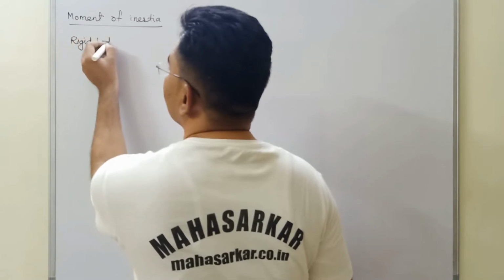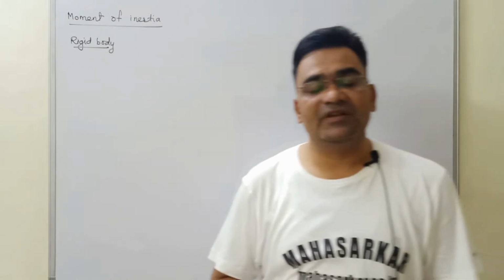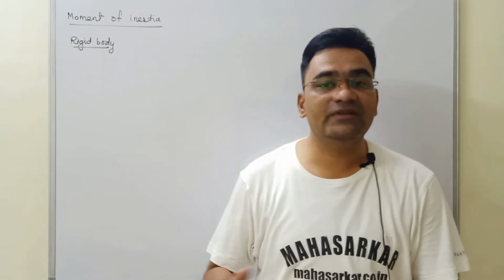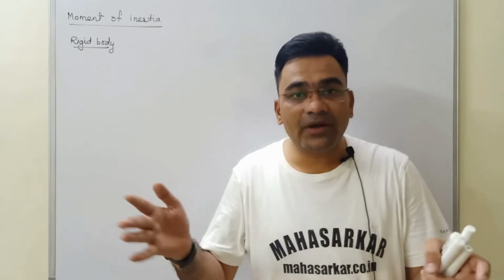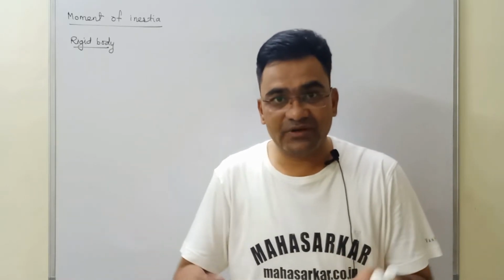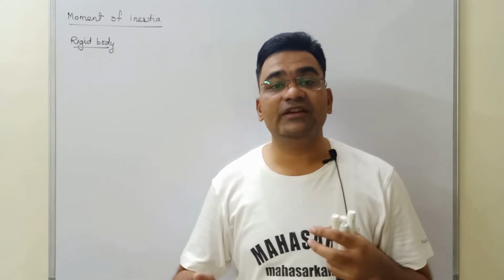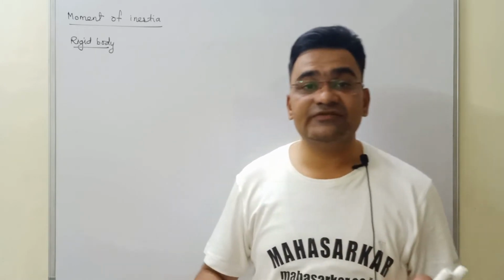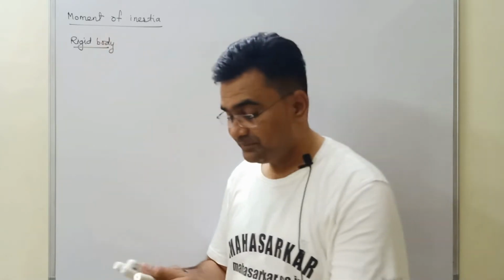Say the first definition is of a rigid body. What is a rigid body? In the last year you must have become familiar with rigid bodies. Any object to which, if you are applying force from different sides, different directions, and still there is no change in the shape, size or any kind of dimensions of that body, then that body is said to be a rigid body. Means what?